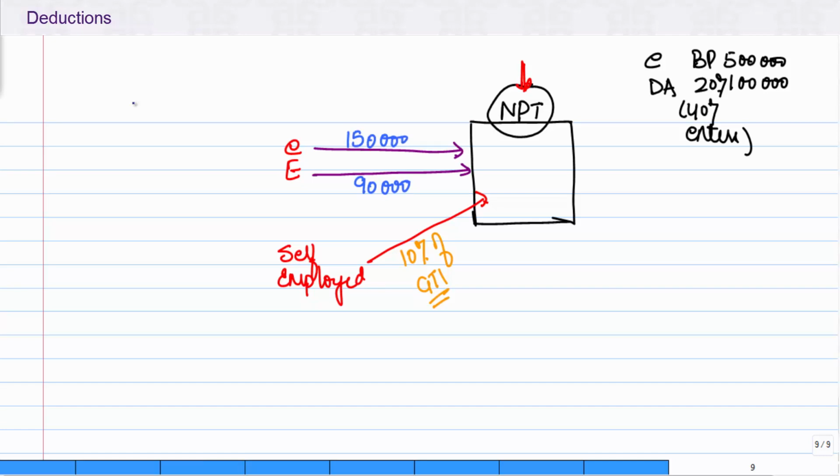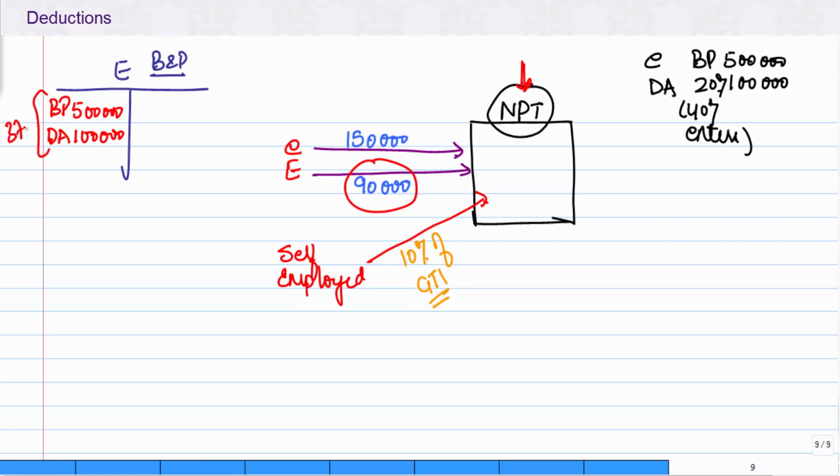Now what do we say? Employer. Now in the hands of the employer under the head business and profession, there is a salary being paid, so he gets a deduction of basic pay of 5 lakhs. There is a DA being paid of 1 lakh, but he's also paying 90,000. So this goes under section 37, but the deduction for the contribution of the employer to the new pension scheme of the employee is given under section 36, which is restricted to a maximum of 10% of salary, and this will include basic pay plus DA which enters.